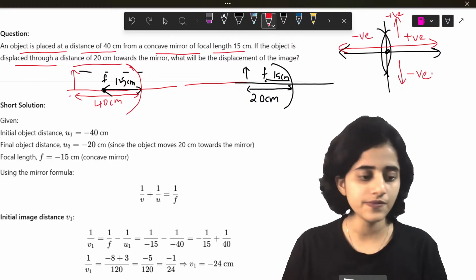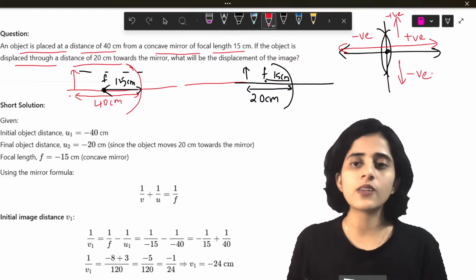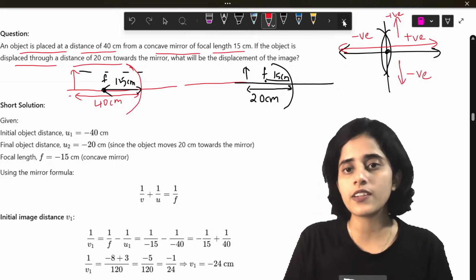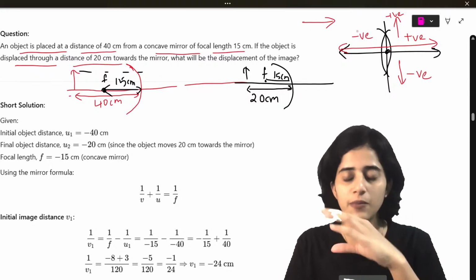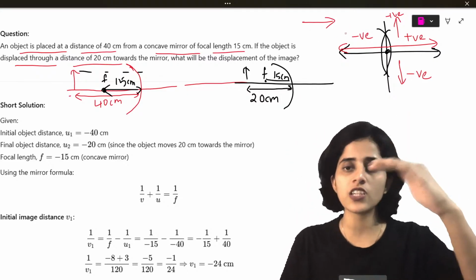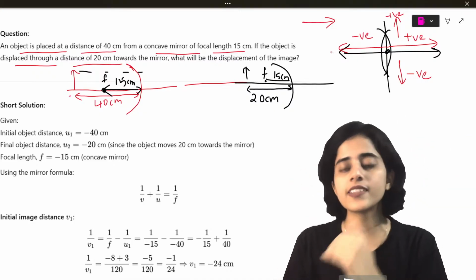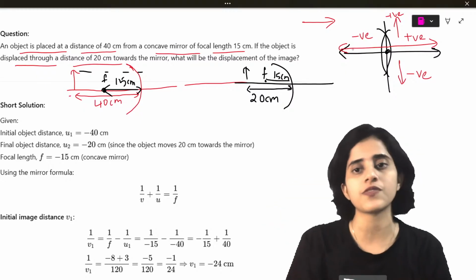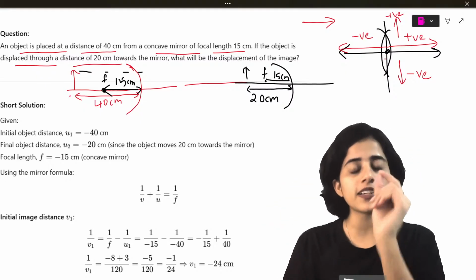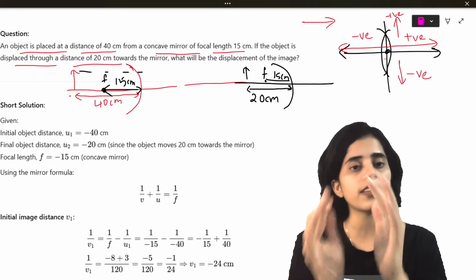Now, some books will say you can look at it with respect to the incident light coming. If it is along the direction of light, it's positive. If it's in the opposite direction of light, it's negative. All measurements are taken from the center of the mirror or the lens.